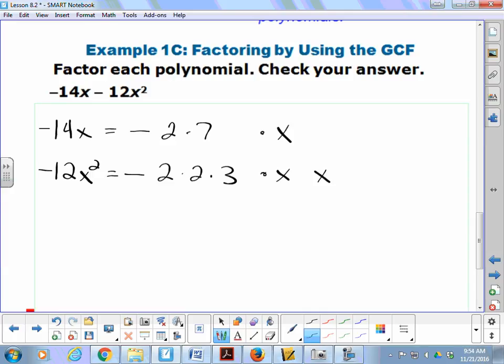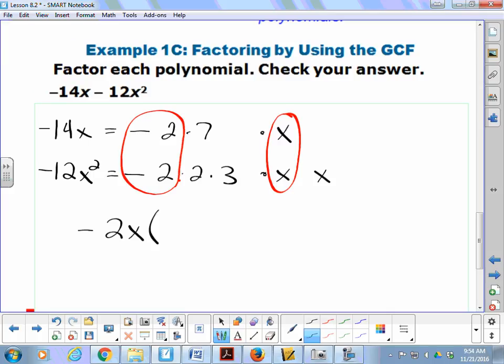So we circle what they have in common. They both have a negative and a 2, and they both have an x. So there's my greatest common factor. Negative 2x. Now, what goes inside the parentheses?